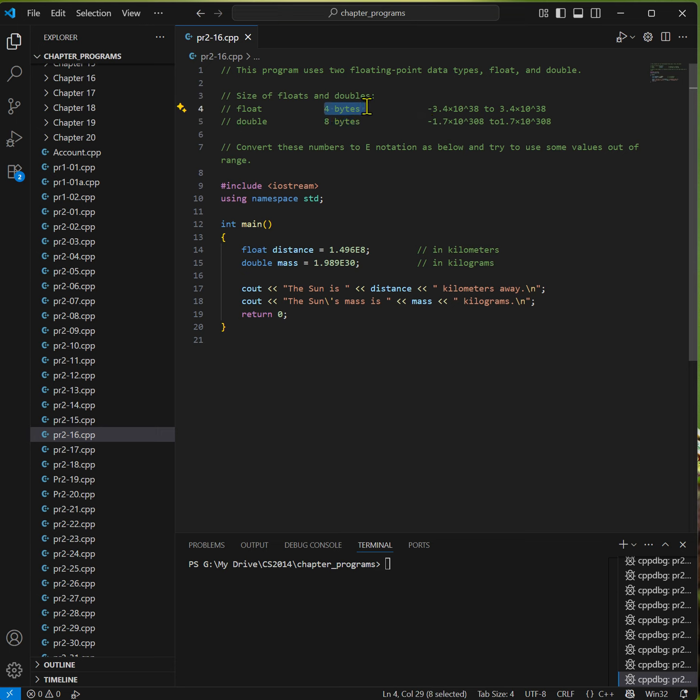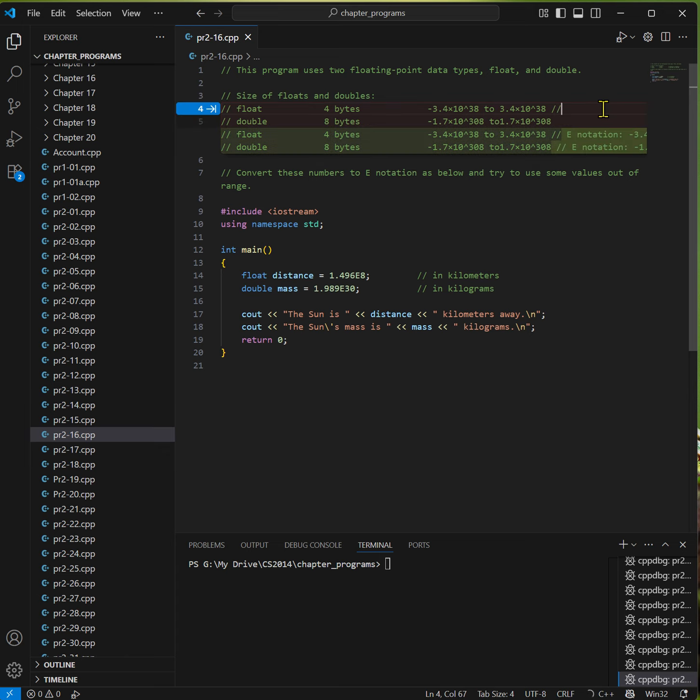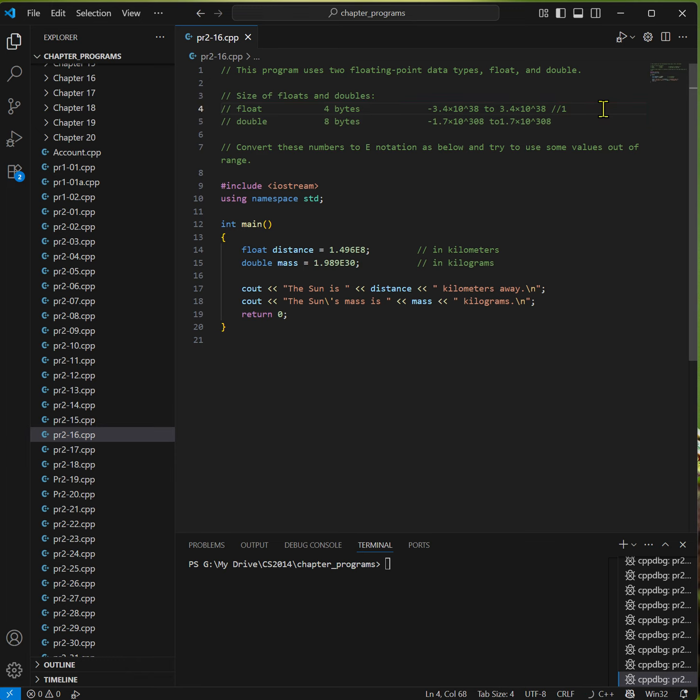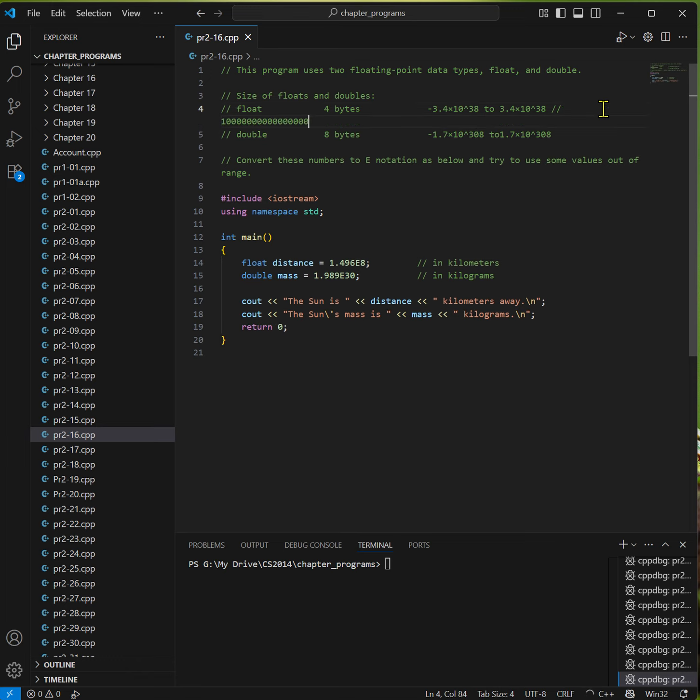The float with 4 bytes goes from -3.4 times 10 to the power 38 to +3.4 times 10 to the power 38. And if you want to know how much 10 to the power 38 really is, that would be a 1 followed by 38 zeros.